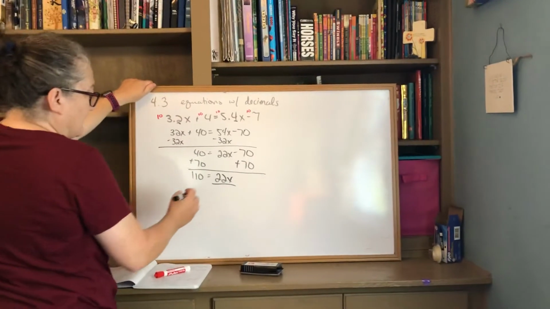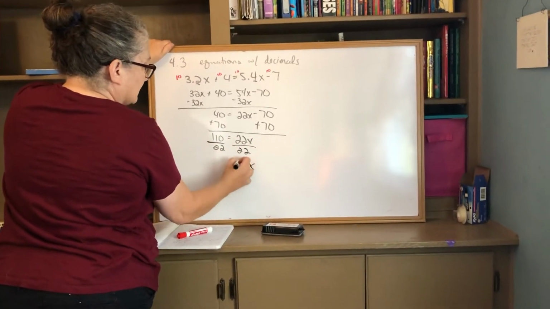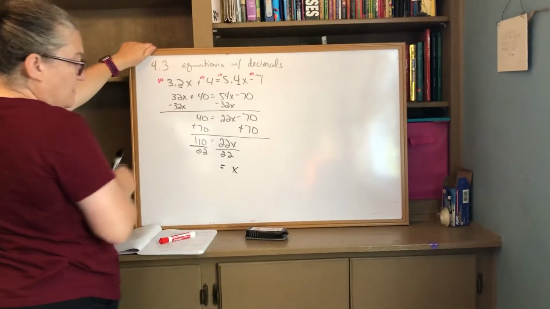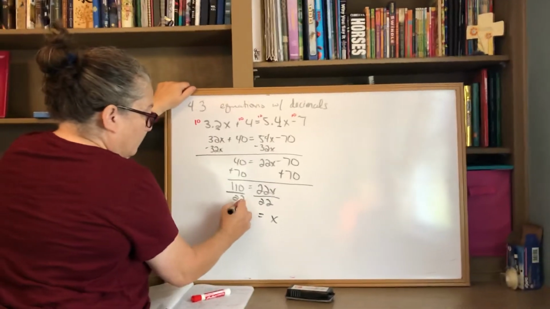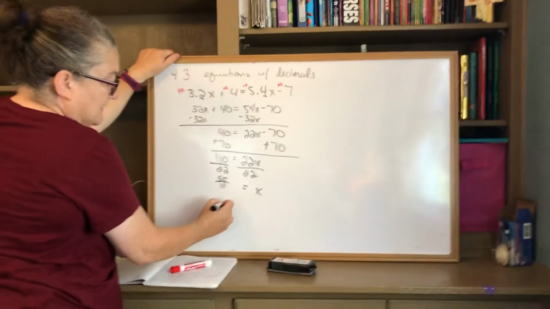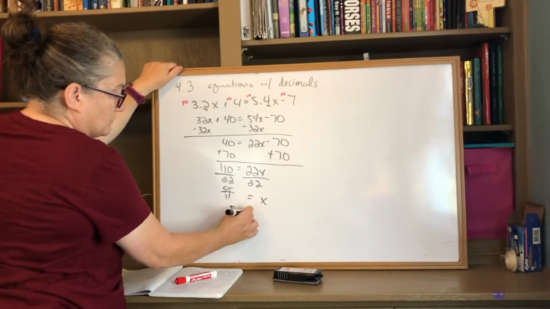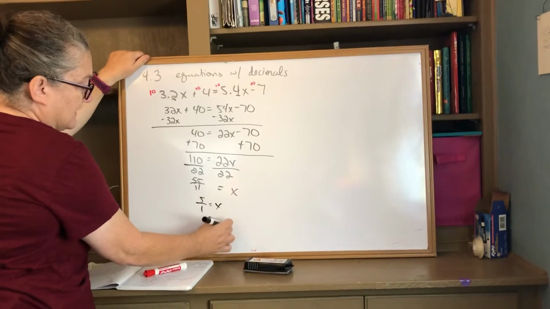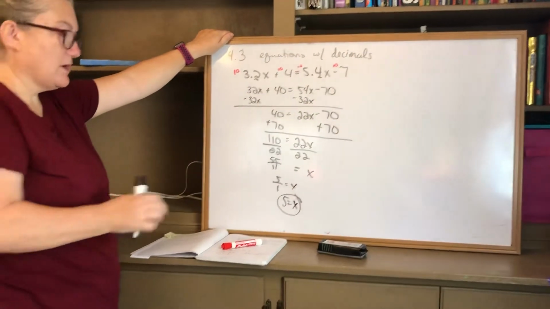And then I divide by 22. x equals, they have a common factor of 2, so I can simplify there, and this would become 55 over 11, or divide by 11 again and get 5 over 1 equals x, or just 5 equals x. Okay, so let me erase my board and we'll do another problem.